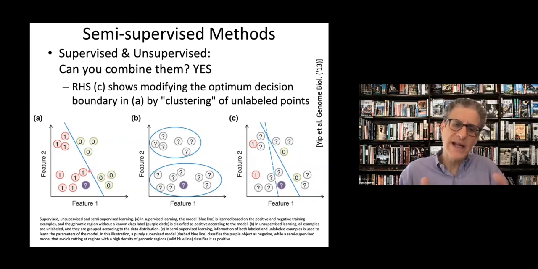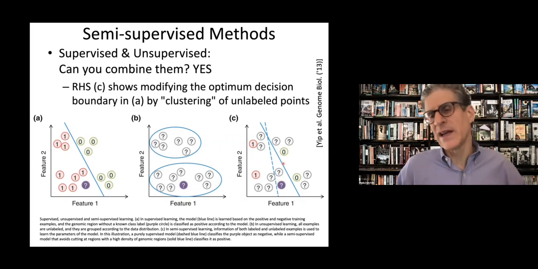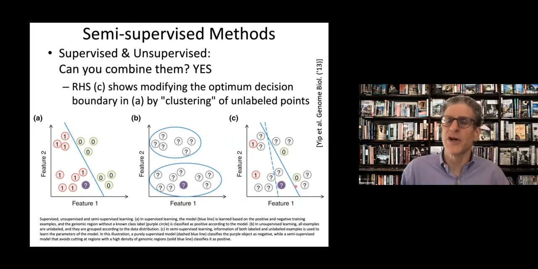If you clustered the data in an unsupervised way, you might see this differential distribution of the data. Then a semi-supervised approach might take these two things into account and try to shift the decision boundary in relation to this. This is just a very hand-wavy, high-level thing, but I just wanted to put that out to you.